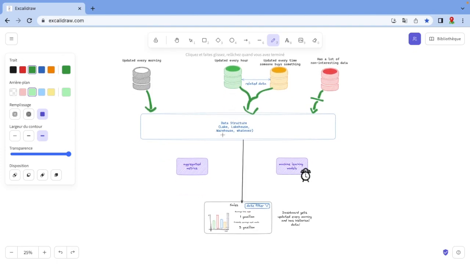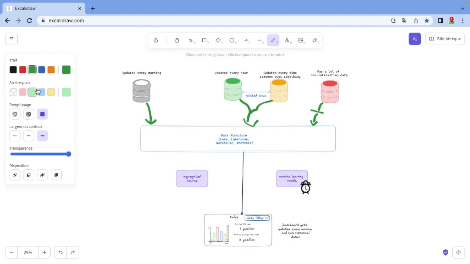So here we would have our data structure where we would store, as we previously said, and our dashboard would be connected directly to it, as you can see here.